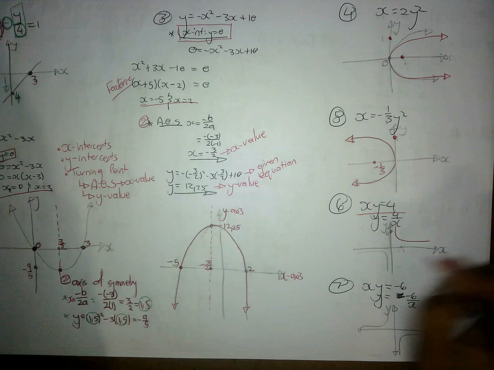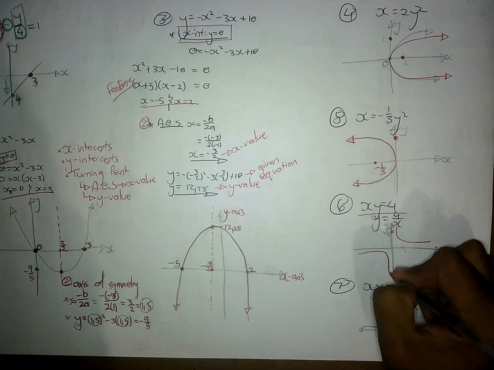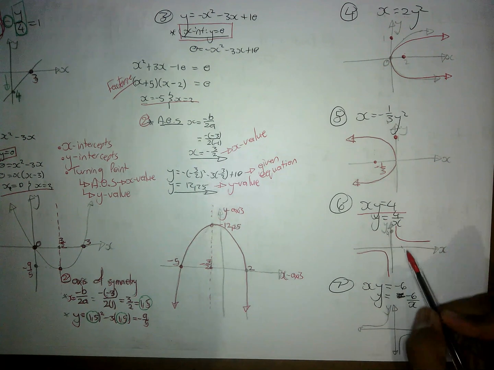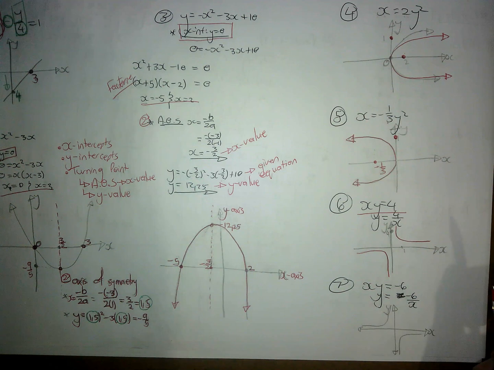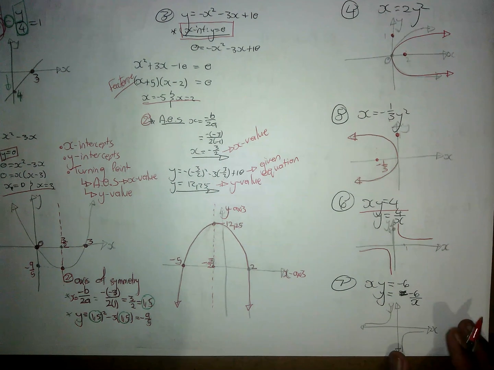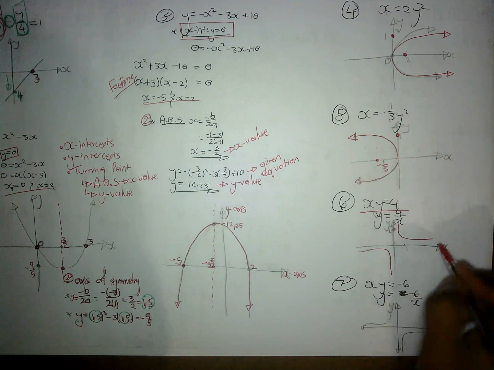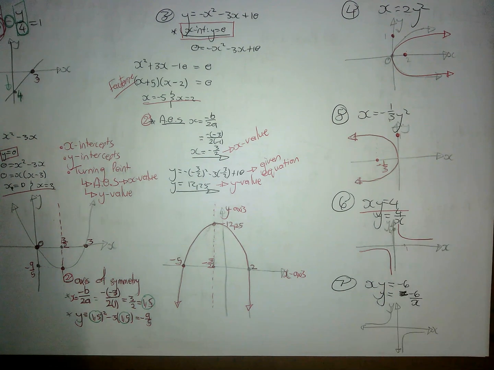So we write it like this. Again, this 4 and this 1 don't really mean much. Don't even use them. The important thing is the sign, knowing where to put the hyperbola.